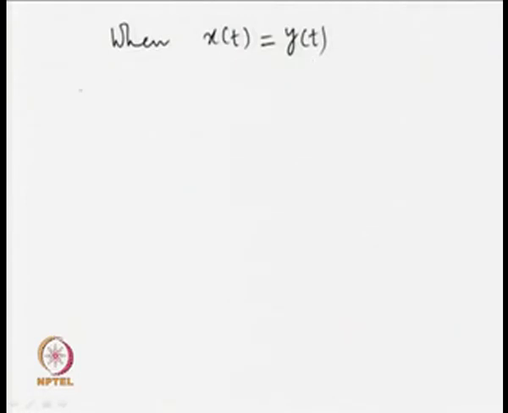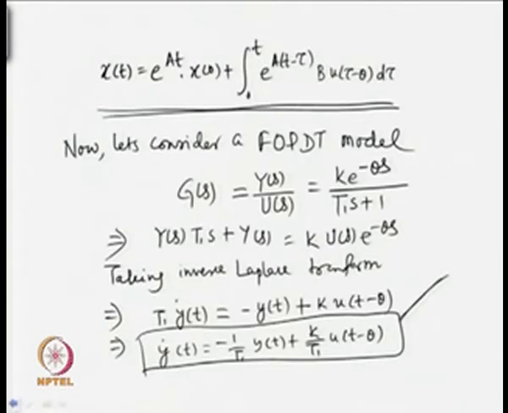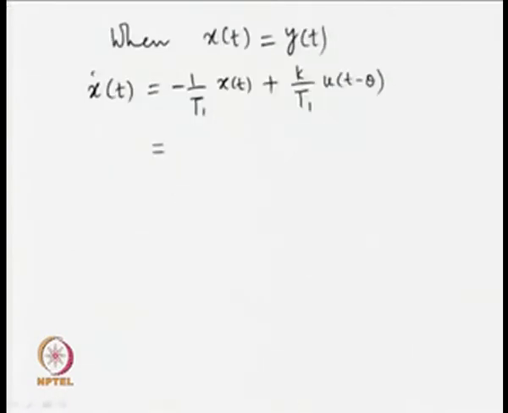In that case, the equation becomes ẋ(t) = −(1/T1) x(t) + (k/T1) u(t−θ), which in general form can be written as a x(t) + b u(t−θ).